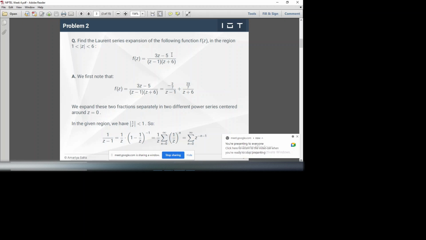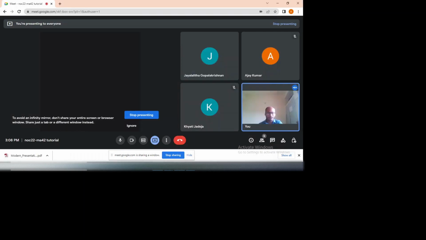The numerator and denominator are both polynomials, and we have to expand this function in a Laurent series in this region, mod z less than 6 but greater than 1. This is an annulus.